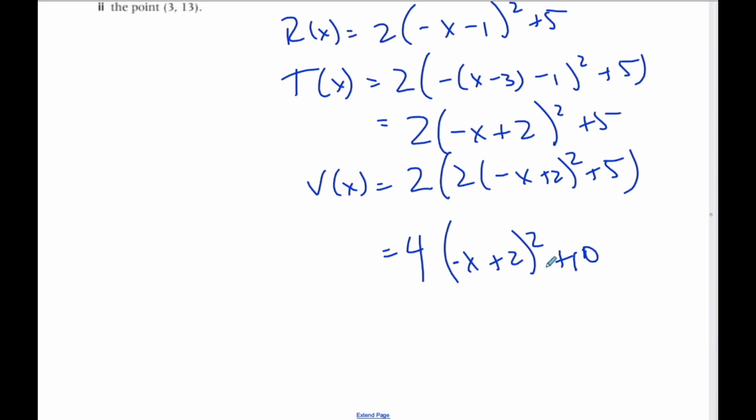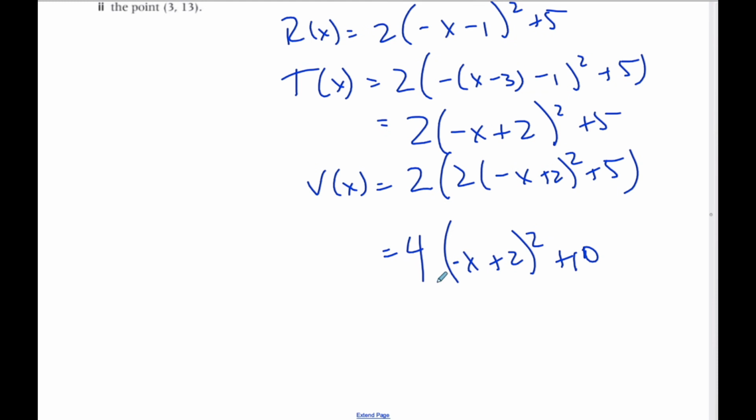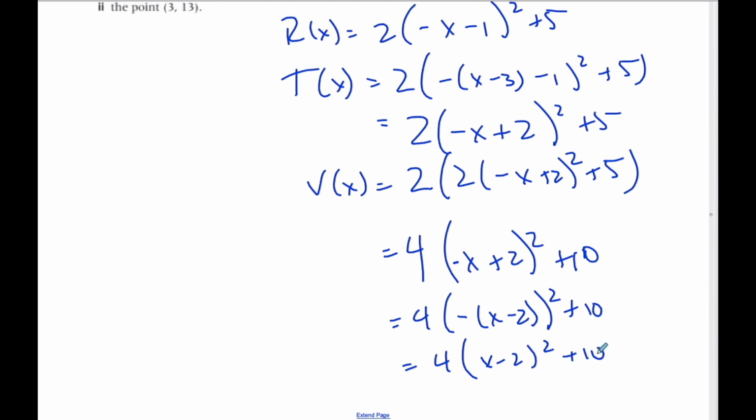Now, I recognize that that is not quite the same as what I had up here. So if I think about this, I'm going to pull the negative out inside the parentheses, and I get x minus 2 squared plus 10. And now if I square this negative 1, it becomes 4 times x minus 2 squared plus 10.